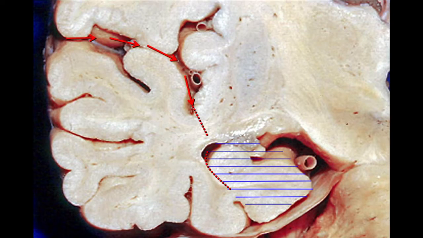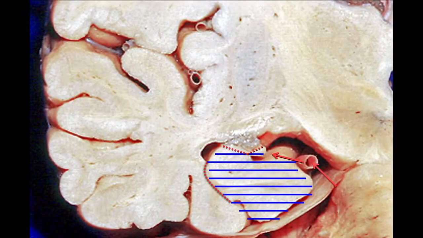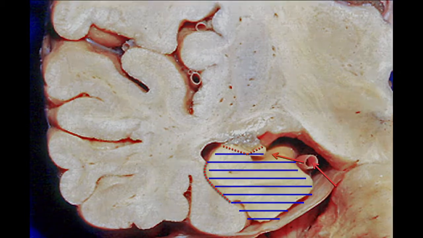A third route that has been used is to come transsylvian down through the inferior limiting sulcus to the temporal horn, a Yasargil type approach for amygdalo-hippocampectomy. And the last one, you can come through the cisterns and do a transcisternal approach to medial temporal lobe.